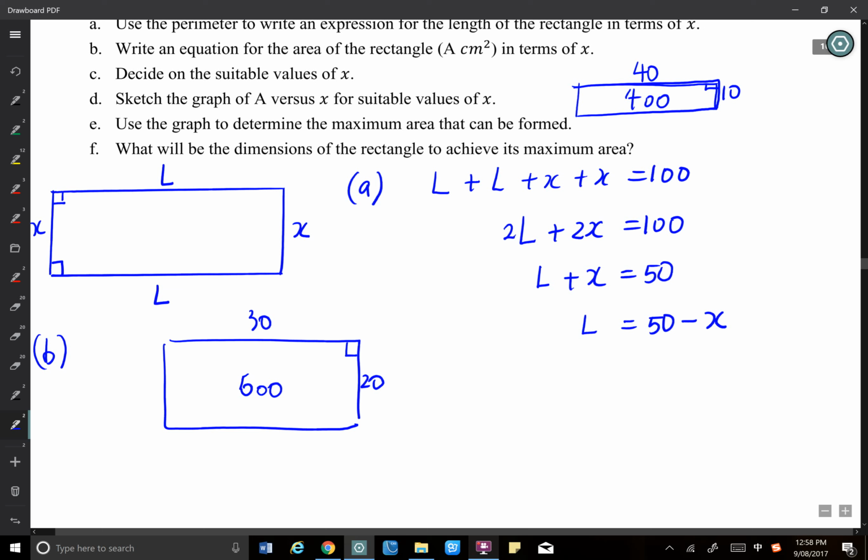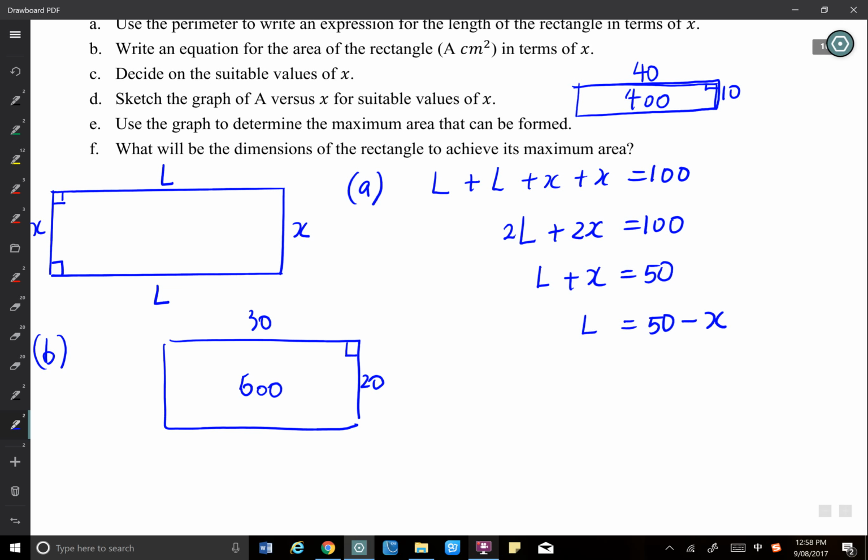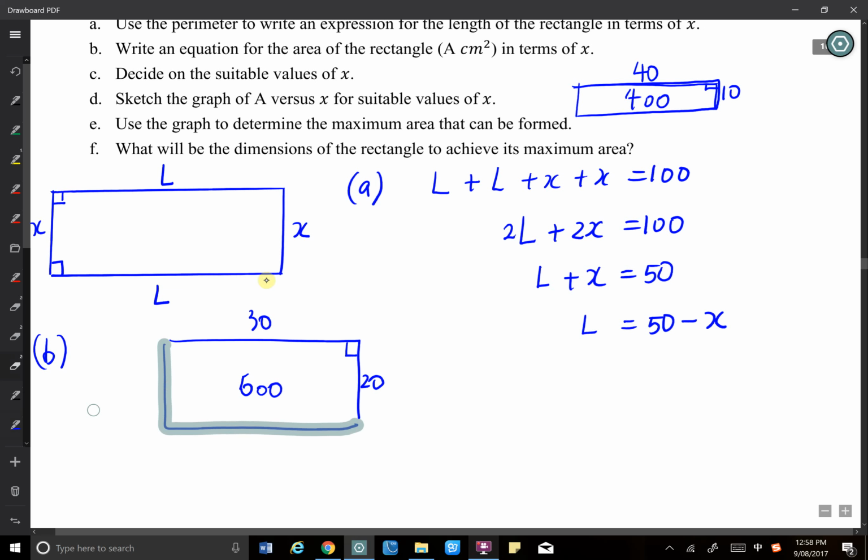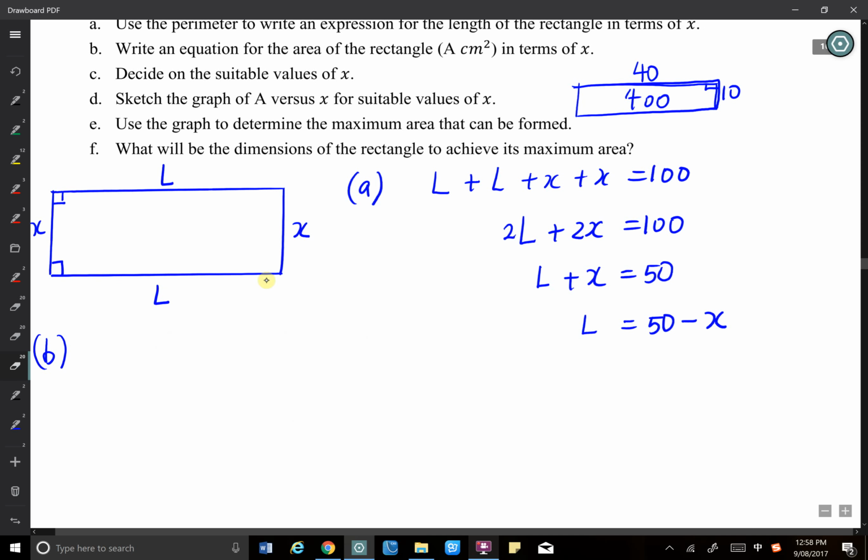So you can see that with different shapes, using different lengths and widths, you have different areas. So I want to write an equation for how the area changes when x is changed. Area will be length times width.